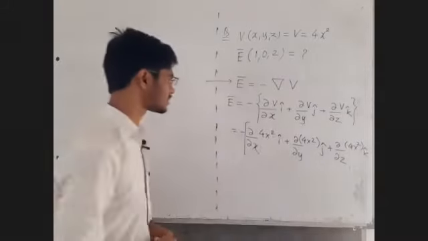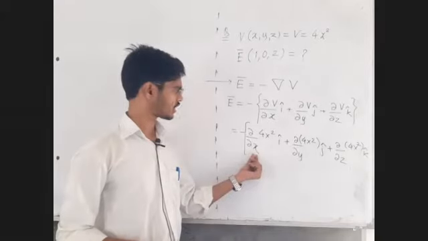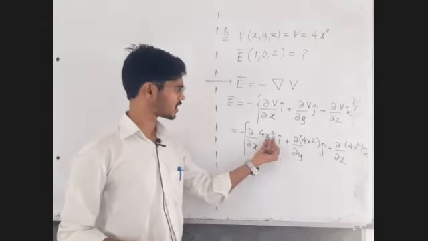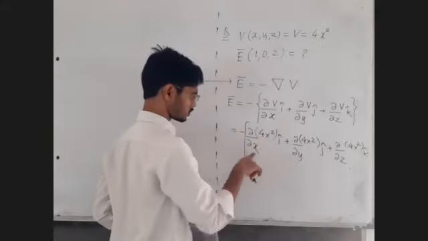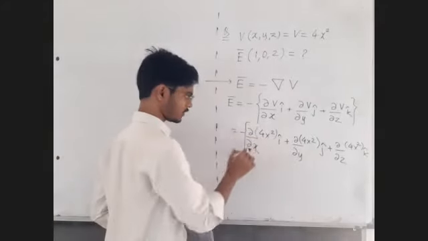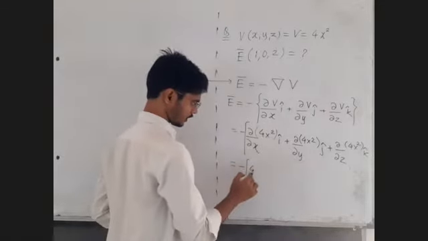But sir, partial derivative with respect to x means x will be treated as variable, y and z will be treated as constant. 4 is a constant and can be taken out of the derivative.